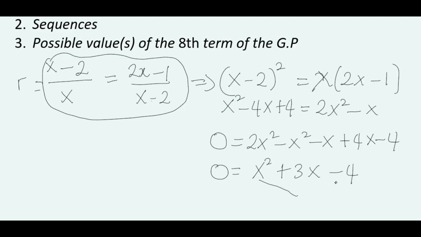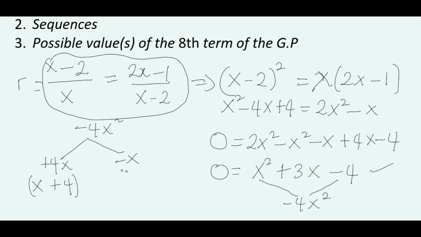We multiply this x squared by minus 4, which gives us minus 4x squared, because this is a quadratic equation. What will give us minus 4x squared is this: plus 3x is plus 4x and minus x, to give us this one here. So it will now be x plus 4, x minus 1 equals 0. Please, this is just the factorization method.